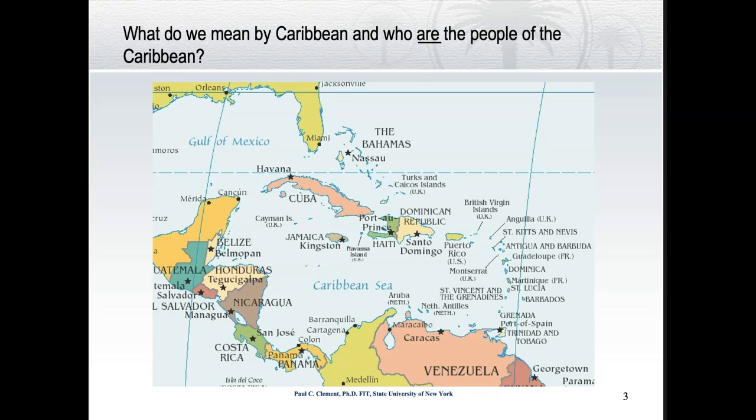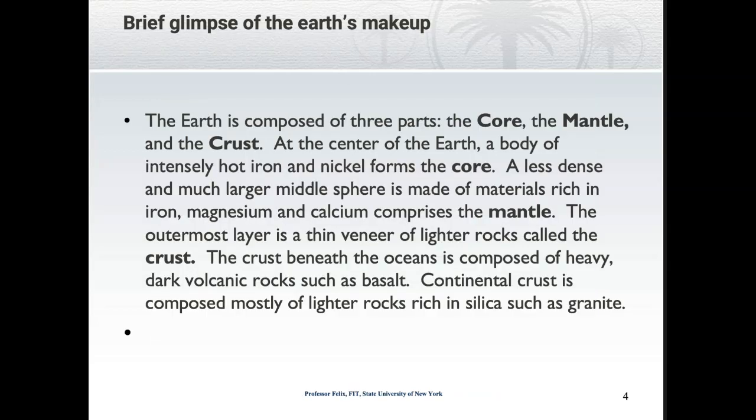So the earth is composed of three main parts: the core, the mantle, and the crust. In fact, let me go to the diagram. So at the center of the earth is a body of intensely hot iron and nickel that forms the core, right?